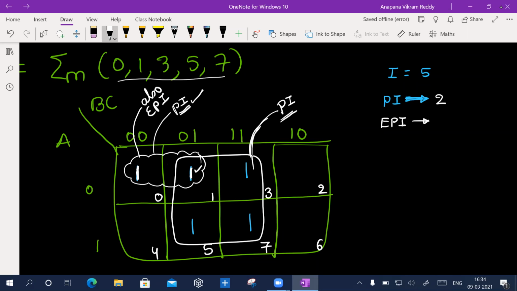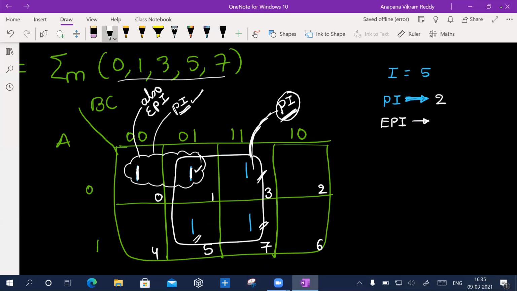And what about this one? Why? Because you see this fellow, or this fellow, this fellow. So see this cell number 3, 7, 5. They are again, see, there is more than one. In this quad is again one more PI.